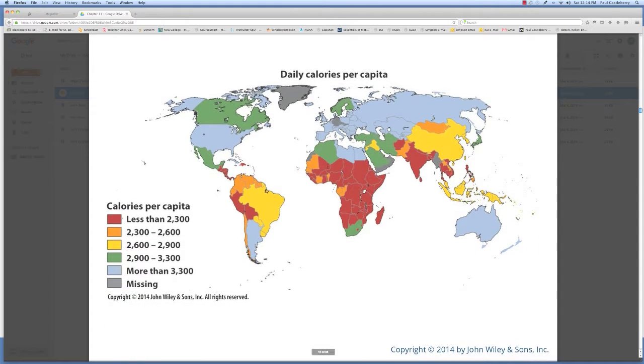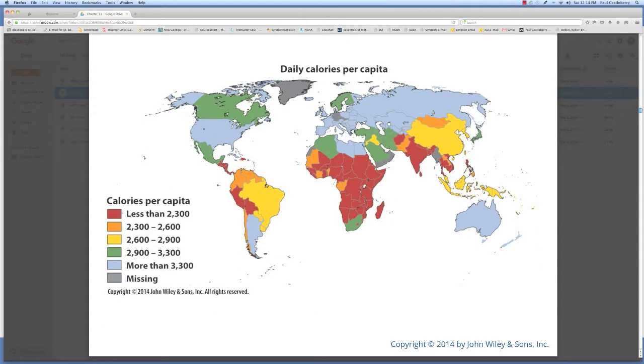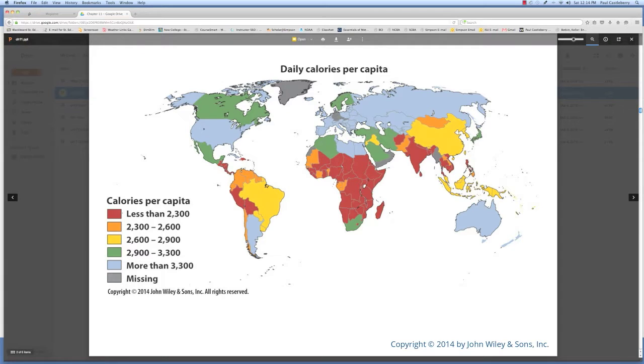So this particular graph here that's out of your textbook is the daily calories per capita. So what stands out here? We're talking about calories per person in the different continents. Look at the U.S. Two things that stand out to me are the U.S. and the continent of Africa and India as well, and portions of South America.